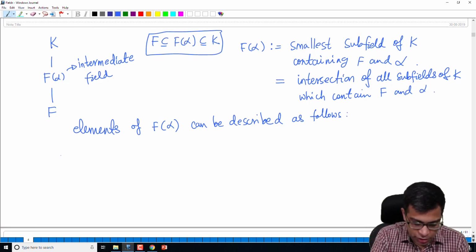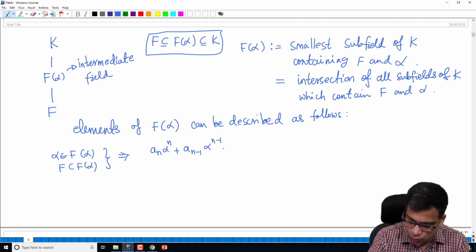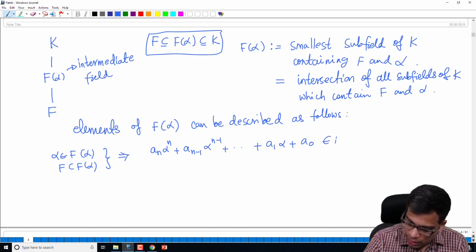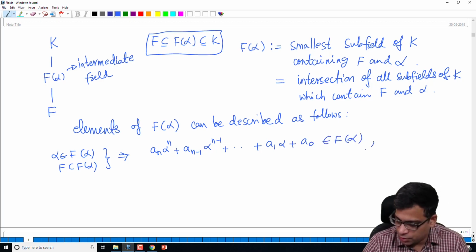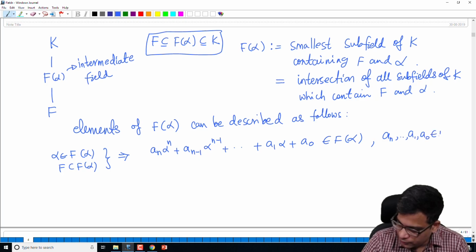So if alpha is in F(alpha) and F is in F(alpha), that means all expressions of the form a_n alpha^n + a_{n-1} alpha^{n-1} + ... + a_1 alpha + a_0 are in F(alpha), whenever all of these coefficients a_n, ..., a_1, a_0 are in F.